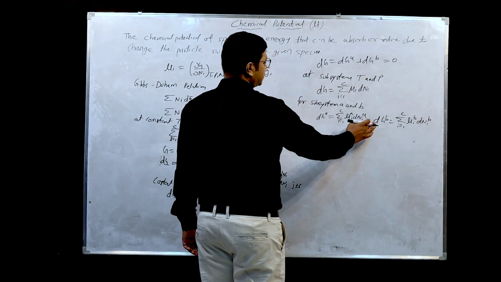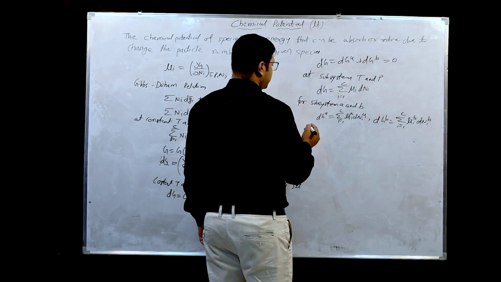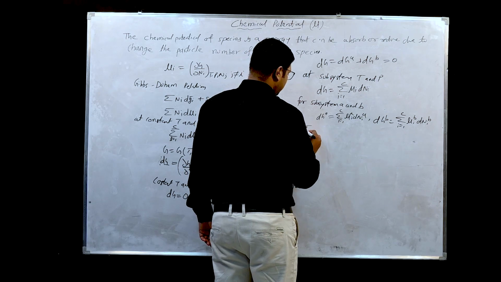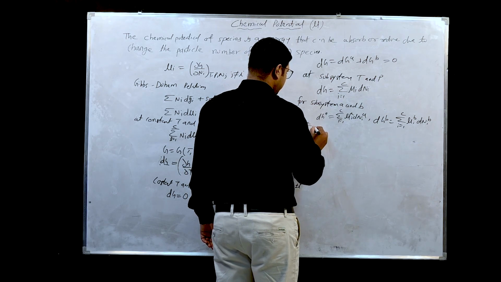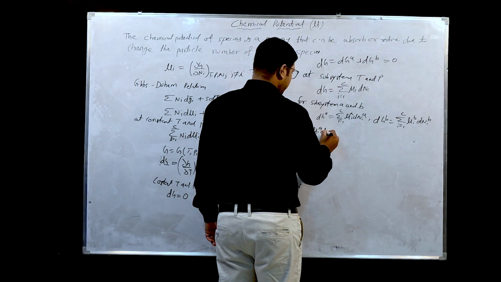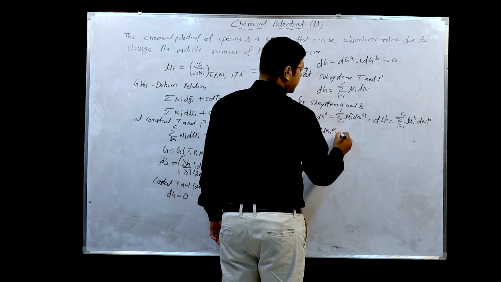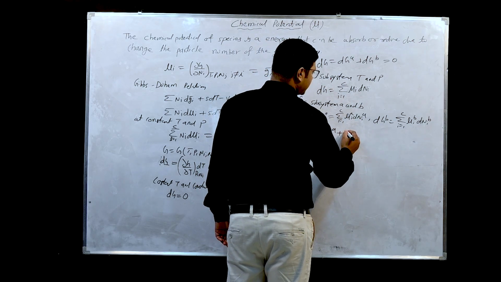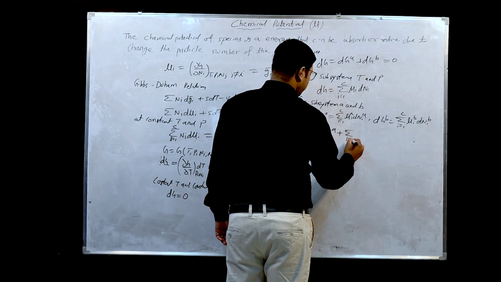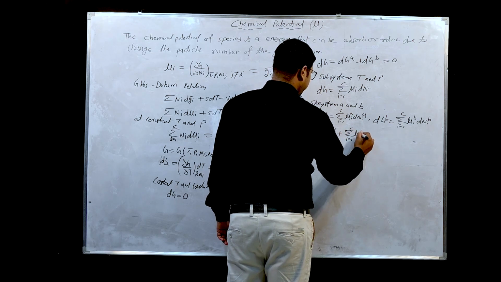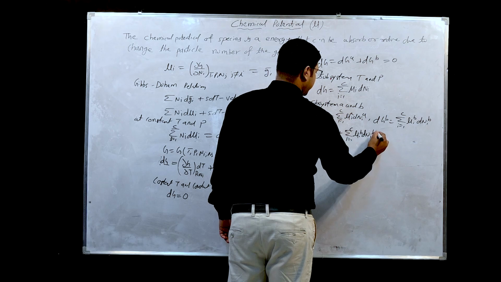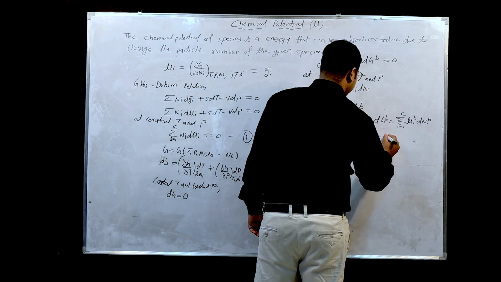Let's put these two into this equation and check. So the sum from i equal to 1 to C of mu iA dNiA plus the sum from i equal to 1 to C of mu iB dNiB is equal to 0.